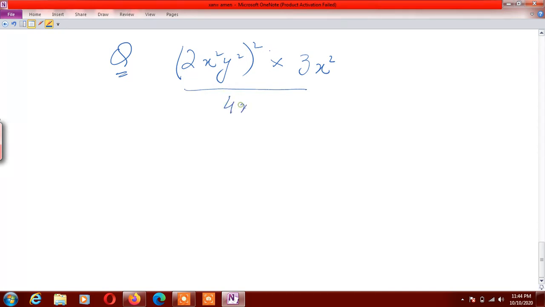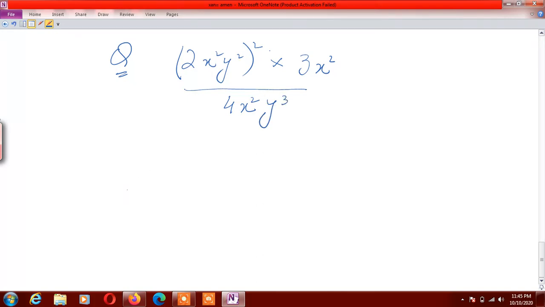Now let's take one simple question which contains all these three different laws. For example, I am taking 2x square y square whole power square, multiply 3x square, and divided by 4x square y power 3.